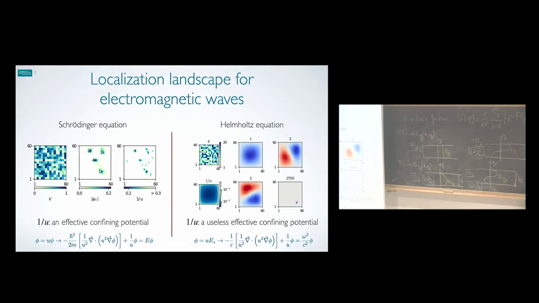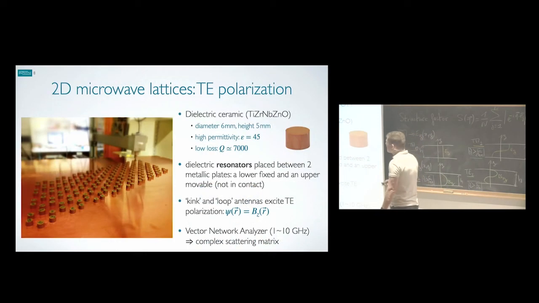So it means that at low frequency there is no potential, no potential seen by the wave, and this is exactly what we see. Okay. So for the TM polarization, for the moment, we end up at a dead end, but we will see in the future.